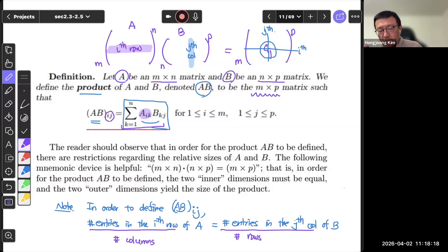So in order to define A times B, the number of columns of the first matrix must be the same as the number of rows of the second matrix.